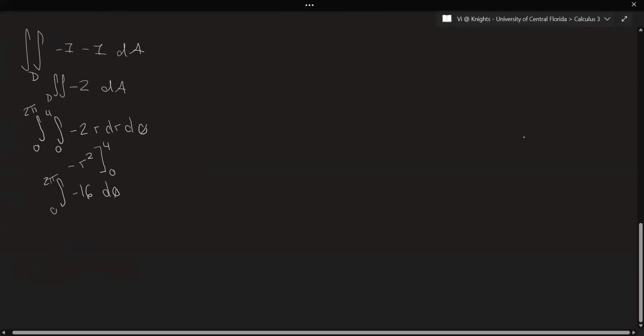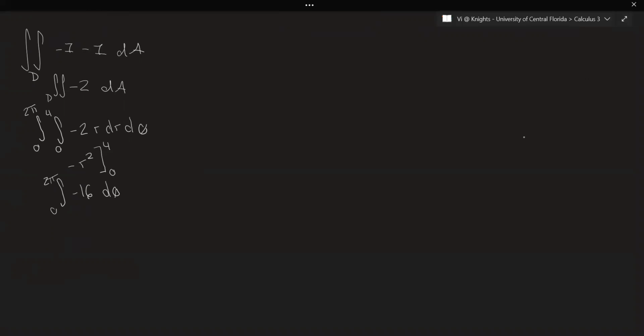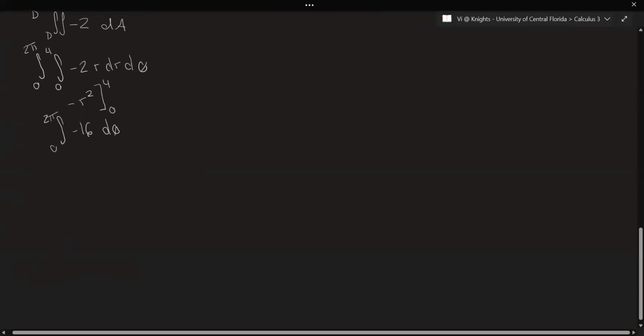So now we have the integral from 0 to 2 pi of -16 d theta. And if we integrate that, we're going to get -16 theta from 0 to 2 pi. And you're going to end up with -32 pi.